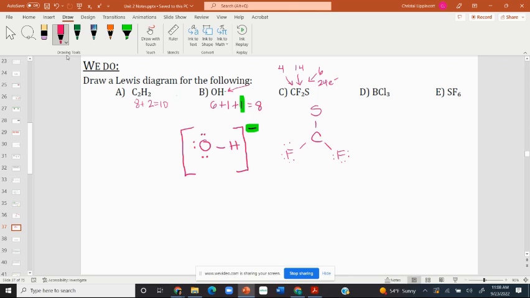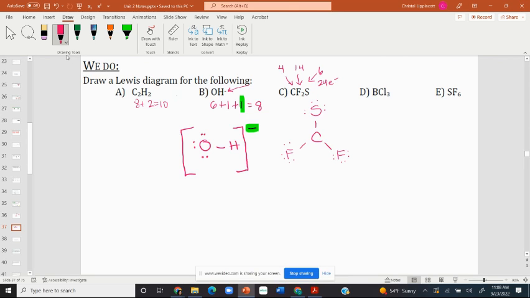So between these two, I've got 16 placed so far. I've got 18 there. Okay. I need to get carbon built up. And I also have to get sulfur with all of its necessary electrons.